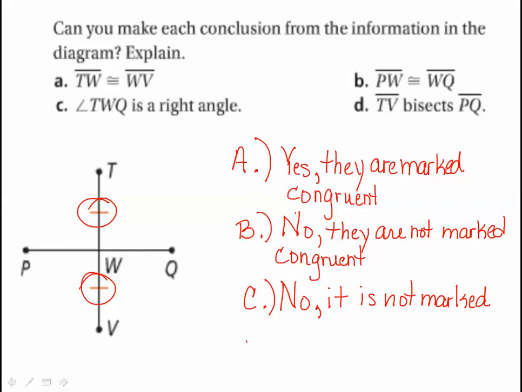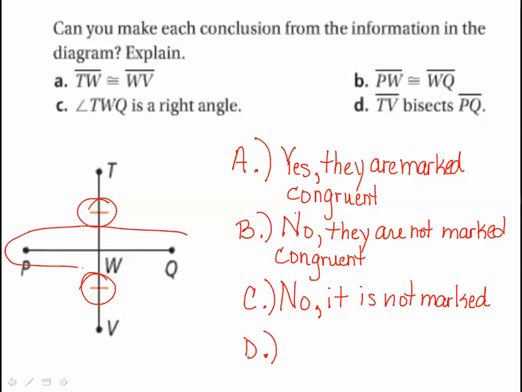Our last example, letter D, says that segment TV bisects segment PQ. Now this one can be a little tricky. If I say that segment TV bisects segment PQ, I mean that segment TV cuts segment PQ in half. In other words, segment PQ will be divided into two equal pieces.